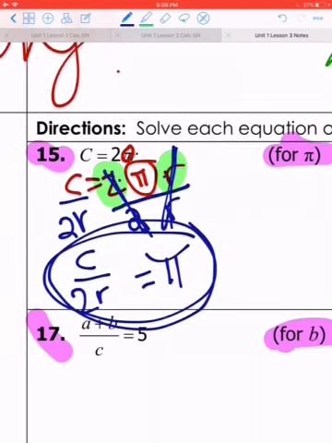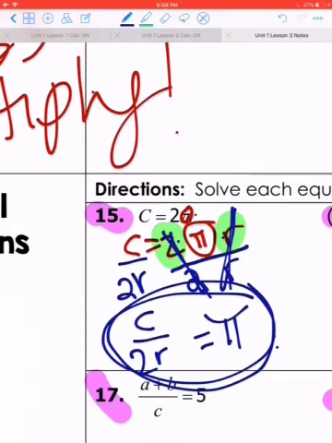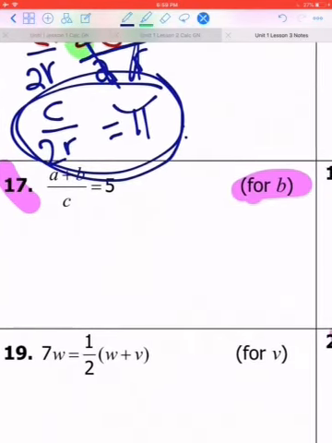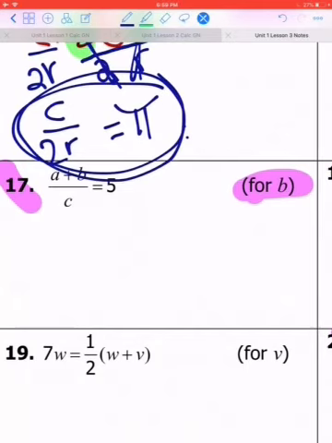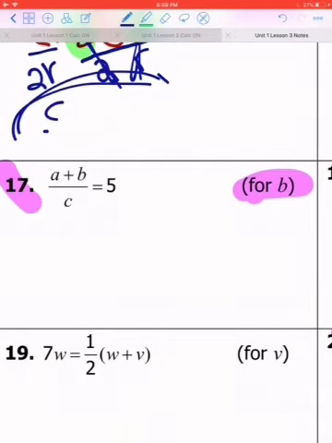All right. Now let's do 17 because we have a fraction here. Okay, we're going to solve for b. So I'm going to circle b. Actually, I can probably highlight here. There we go. So b is what I want to solve for. That means I got to get rid of the c and got to get rid of the a. All right, think about your order of operations.